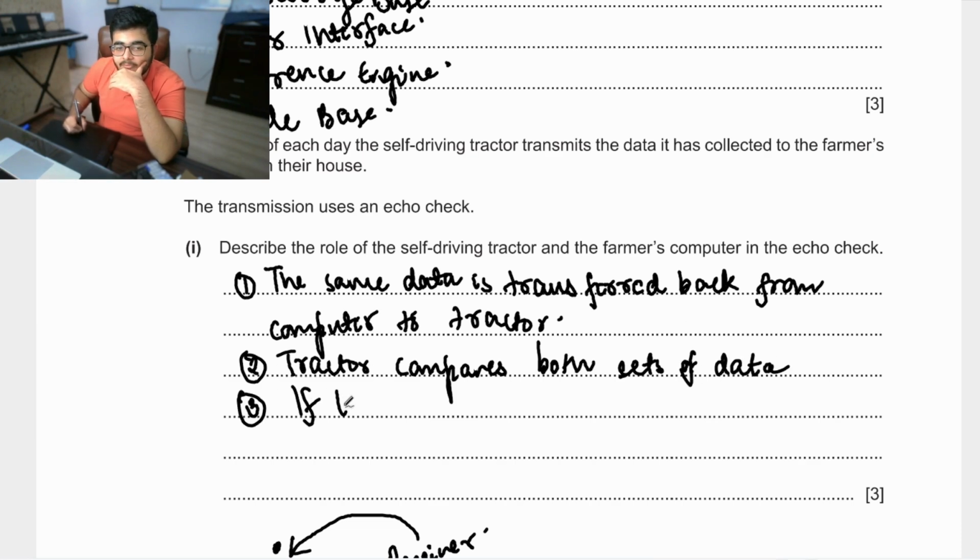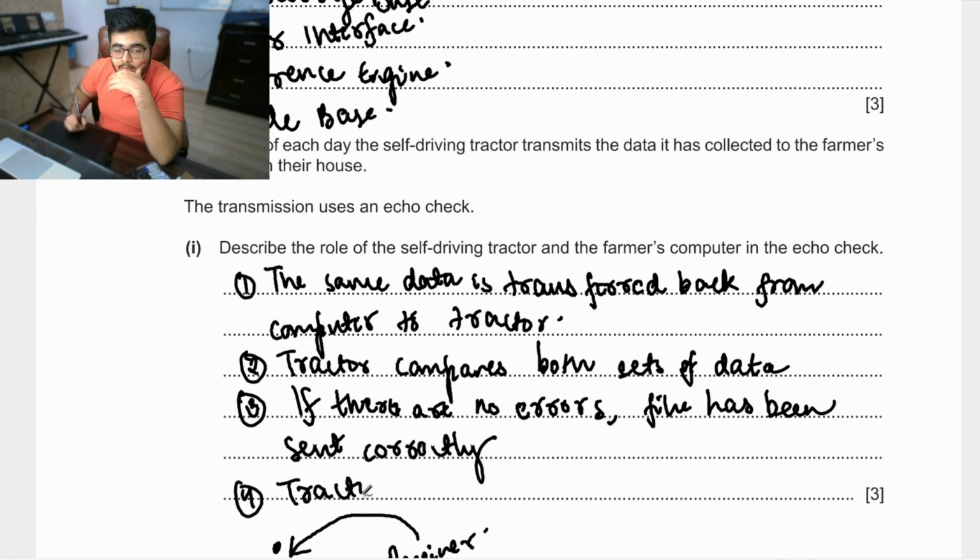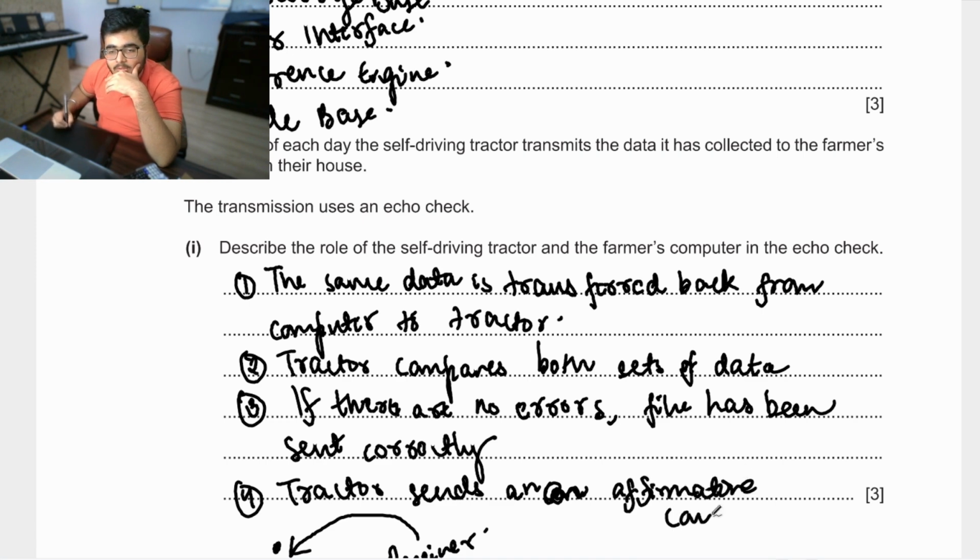Then if there are no errors, the file has been sent correctly. Then the tractor sends an affirmative confirmation, right?